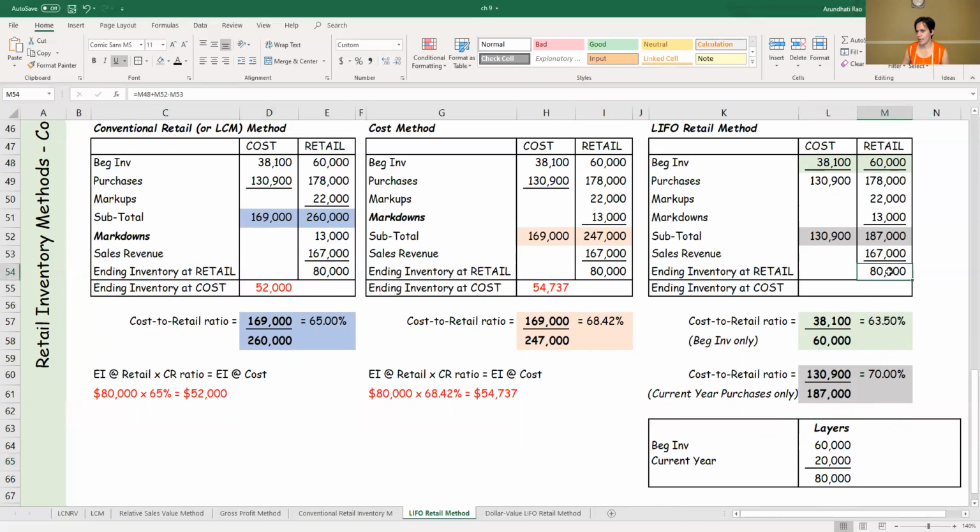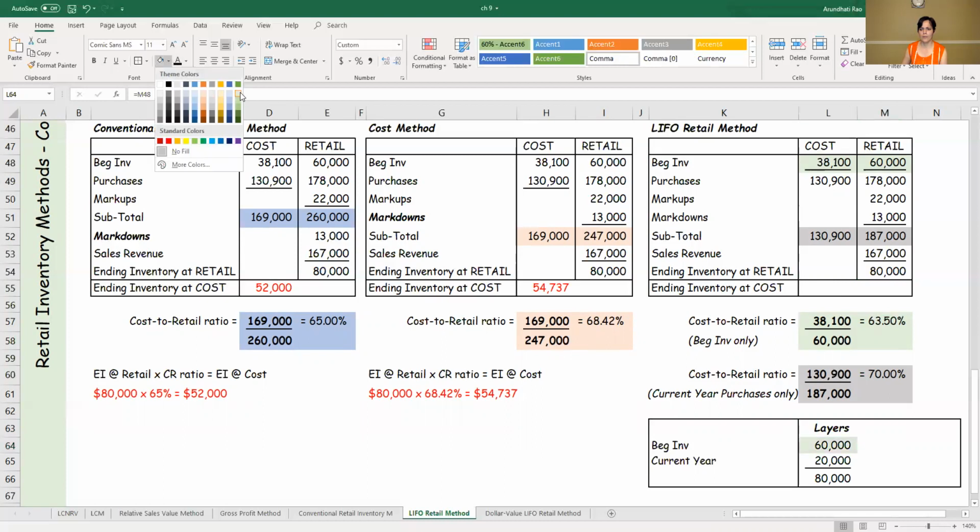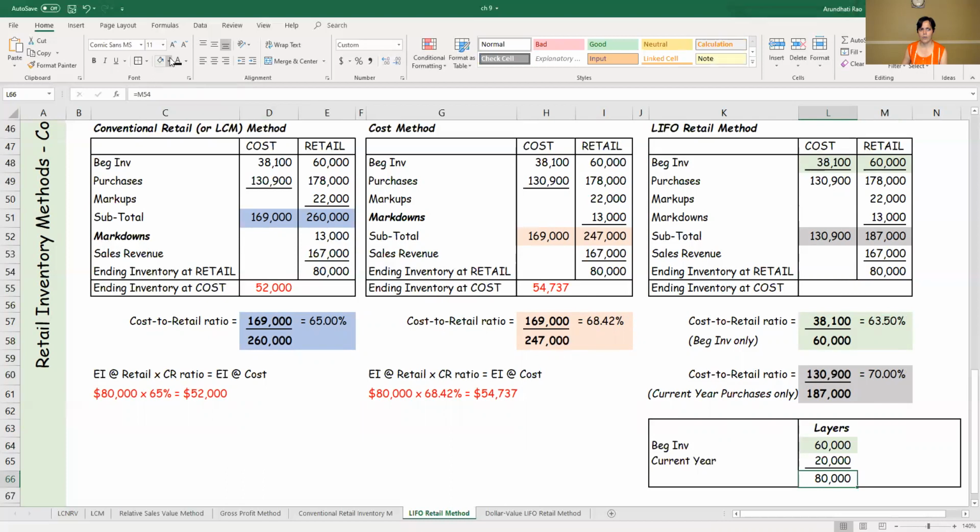So this $80,000 is broken down into 60 and 20. The 60,000 came from here, and the 20,000 is from the second year.